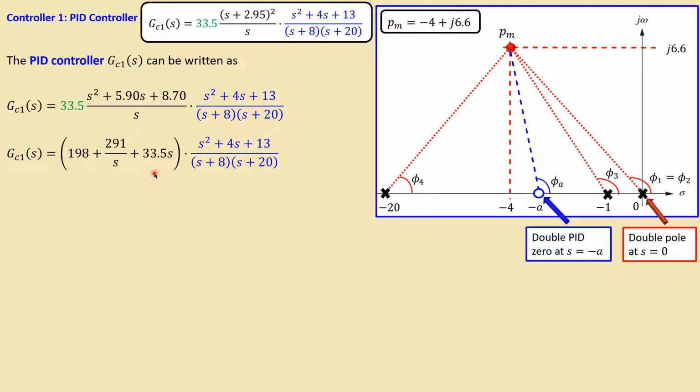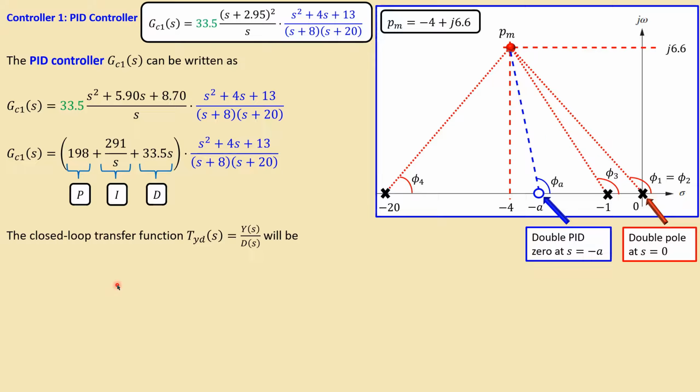You get this by dividing by s, and you can see the P is then 198. The I is this part, which is 291 over s, and this is the derivative part, which is 33.5s. This is the PID controller, just native, and this is now cascaded with a filter.